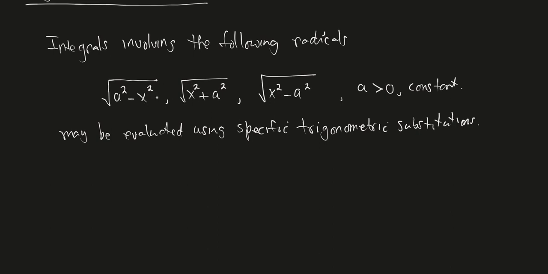So what I can do is I can actually give you a visualization of where this type of radical will come from, and what this type of radical will come from, and similarly this type of radical, right? So let's start with the first one. Now, here is the right triangle that is often associated with this type of expression.